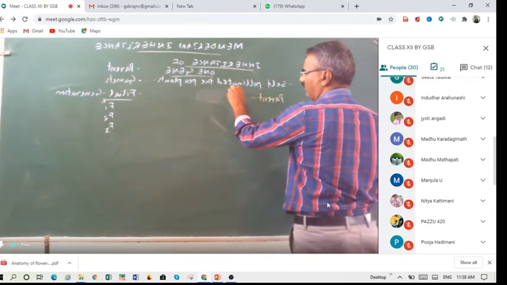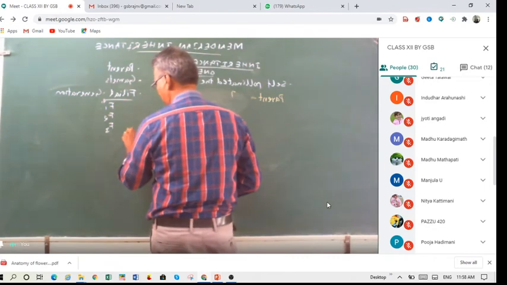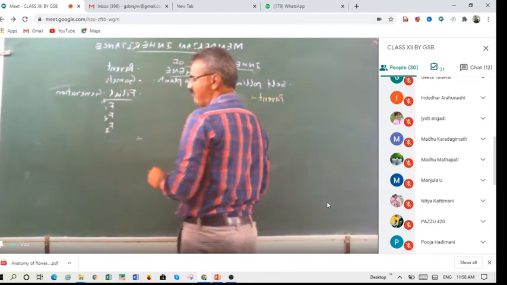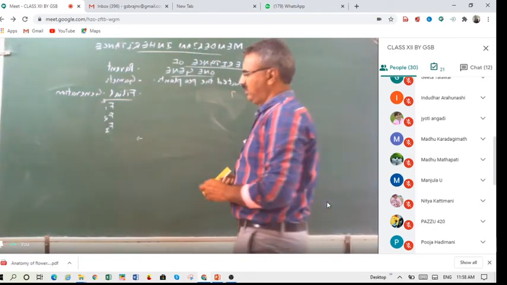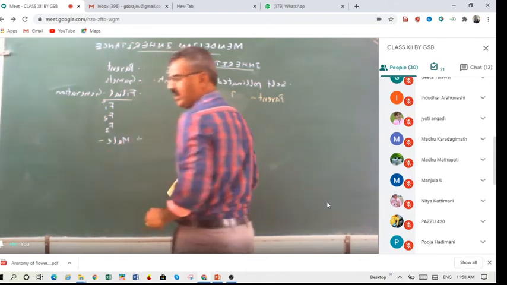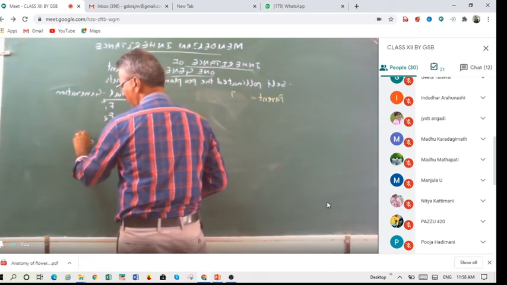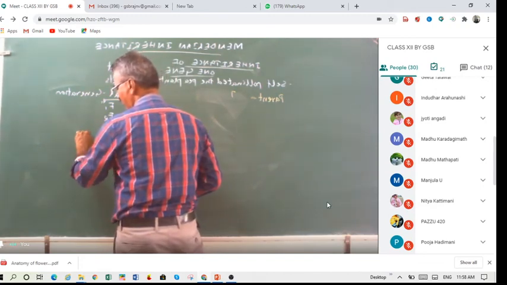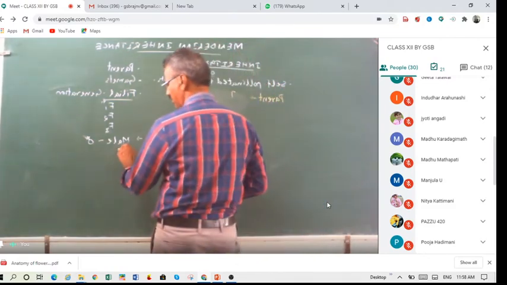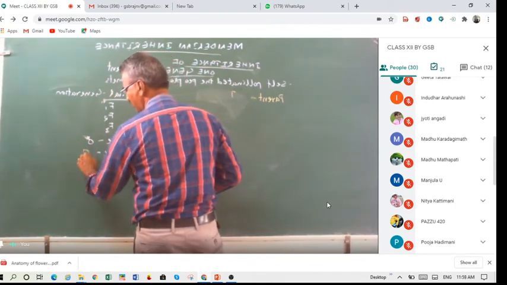Another thing we use is the male and also the female, the sex of the individual. The male individual is shown like this. This is the symbol which we use for male, whereas the female is shown like this.